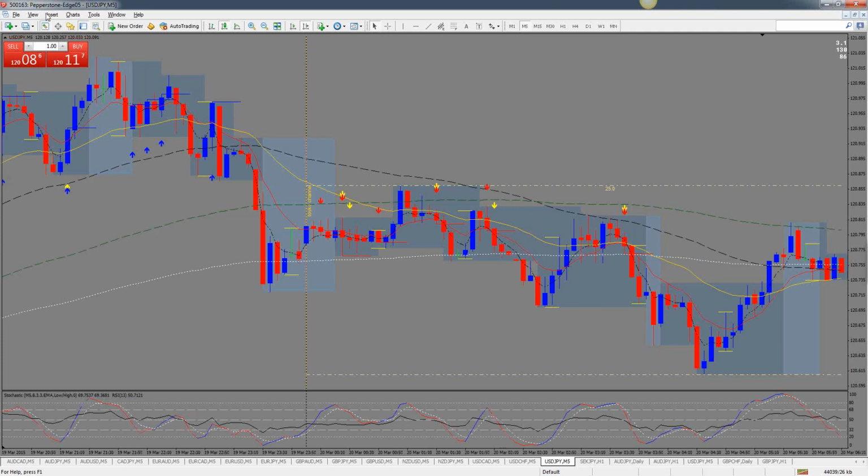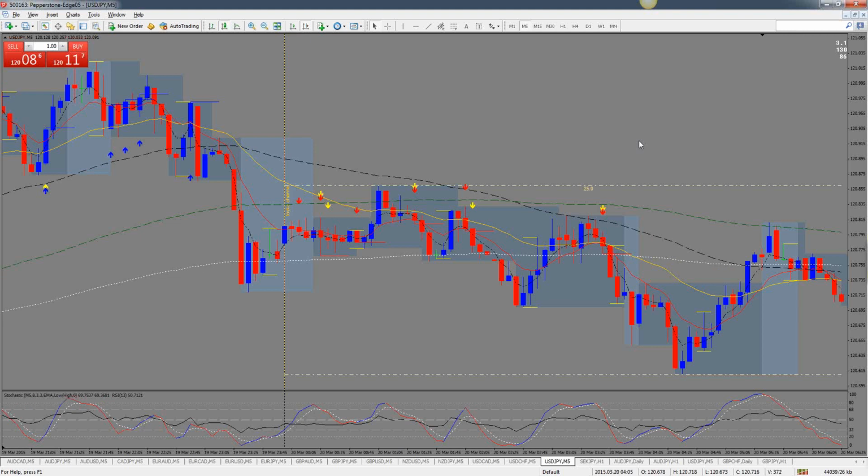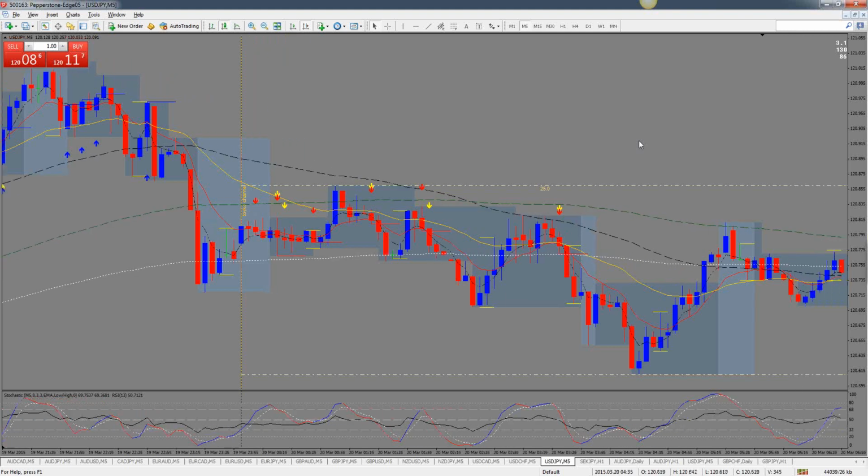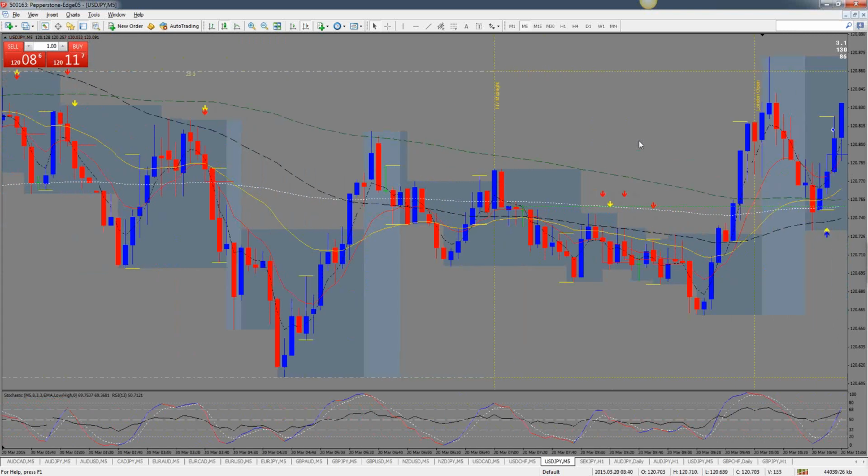Make sure your auto scroll is off, and you can move it one candle at a time. So there's New York midnight, London open.